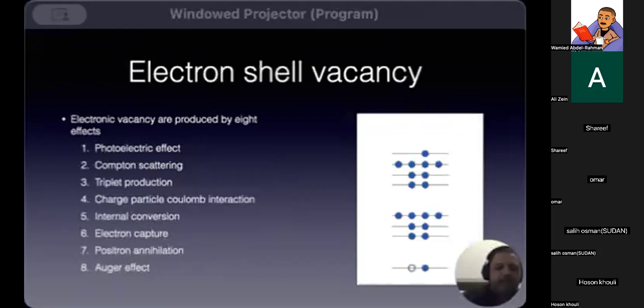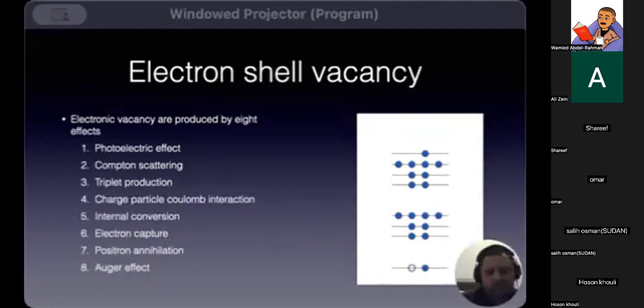And then we have internal conversion and electron capture. These are vacancies produced through radioactive decay modes, which maybe I'm not going to cover in these topics, but if you want, we can look at it. And then we can have a vacancy produced because of positron annihilation.